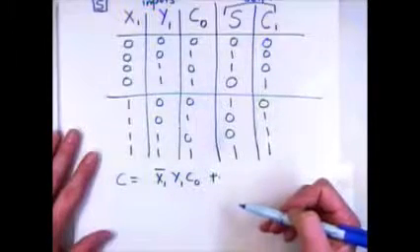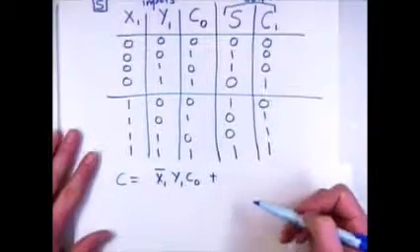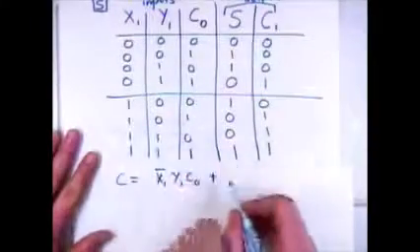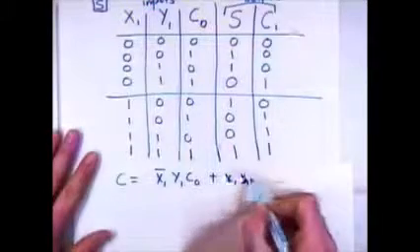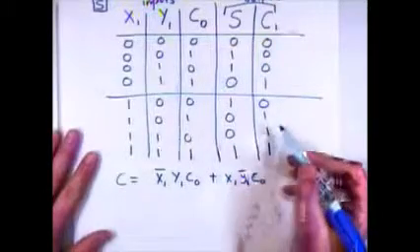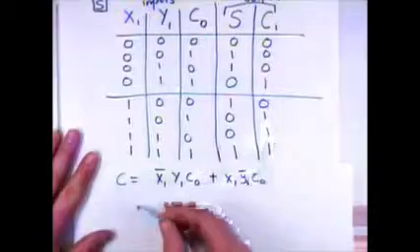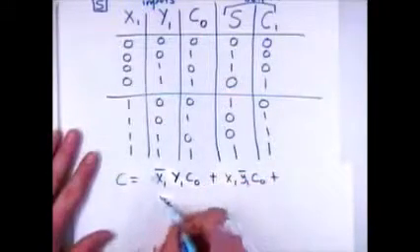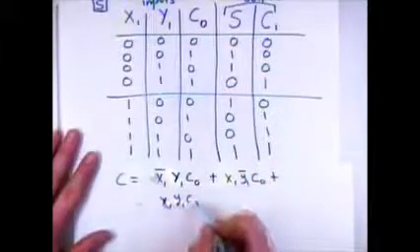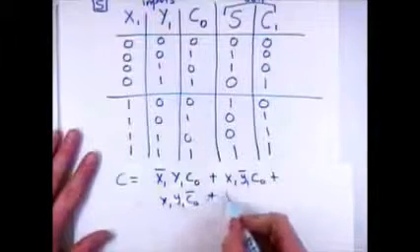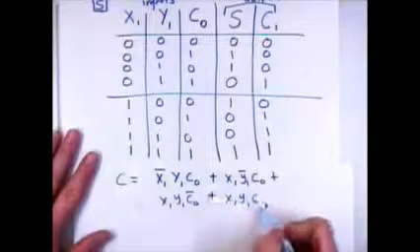Because we should have a carry if at least 2 of them are true. So when we have X1 is true, Y1 is false, and C0 is true, we have another one. Then we have a one where X1 is true, Y1 is true, and C0 is false. And in the final case, all 3 of the variables are true.